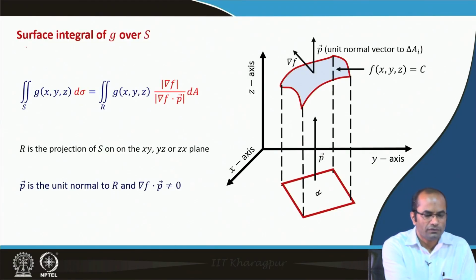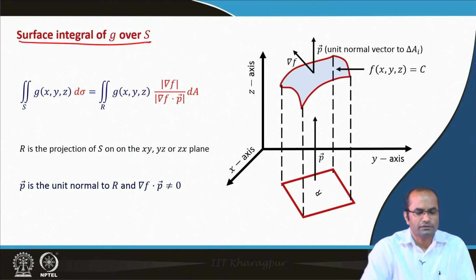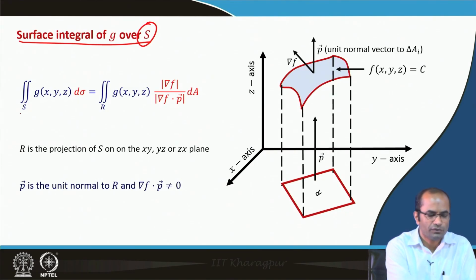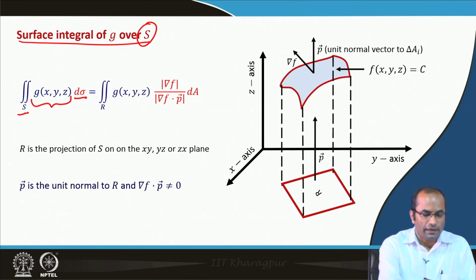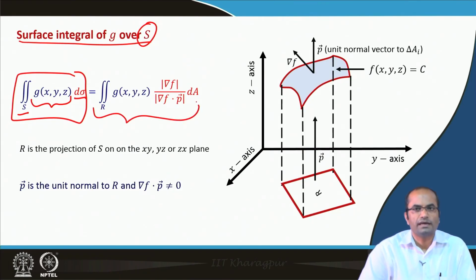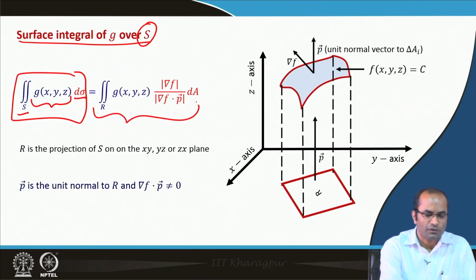So, just to recall what we have covered in the last lecture, that was the surface integral of g over the surface S, and the idea was that this function g is being integrated over the surface S, and this surface integral will be converted to the simple area integral or the double integral, where this R is the projection of this surface.